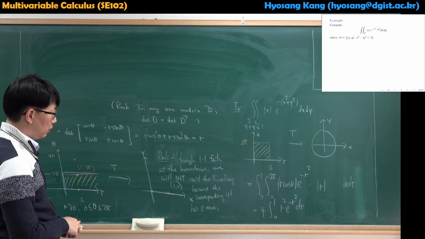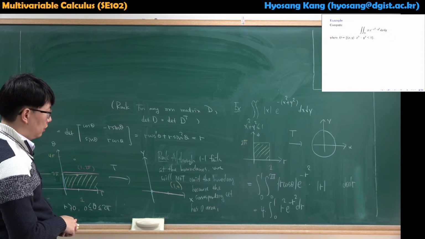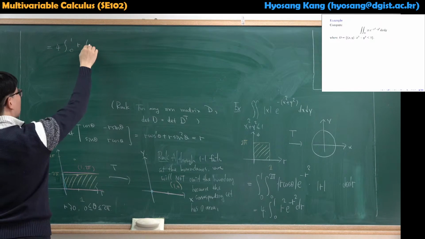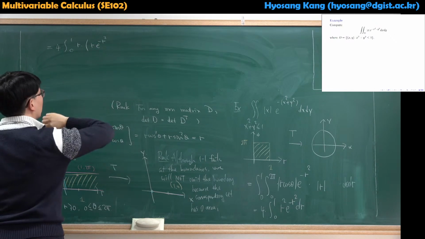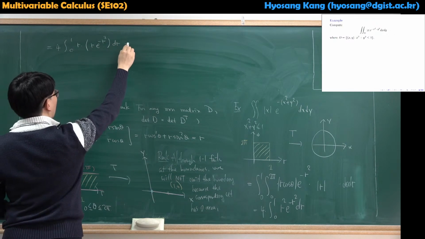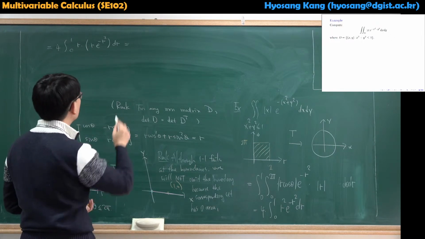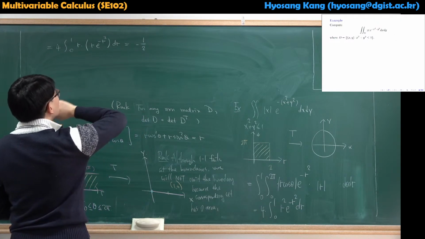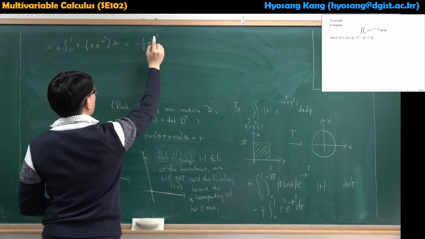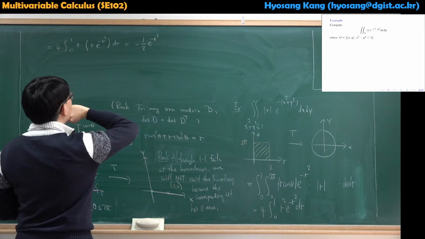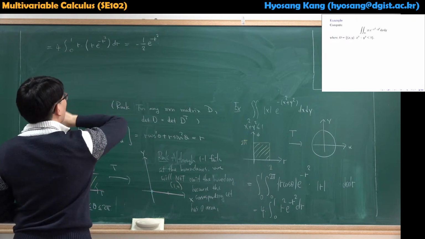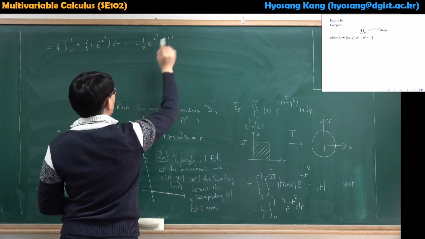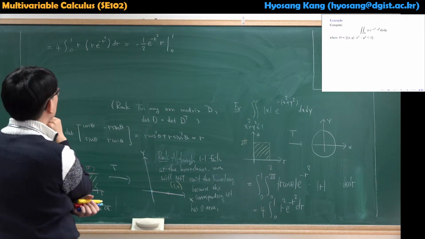So first of all, I'm going to separate out r and r times e to the negative r squared dr. Then I have minus 1 over 2 e to the minus r squared, that's the integration of r e to the negative r squared, times r from 0 to 1. Wait, it doesn't make sense here.